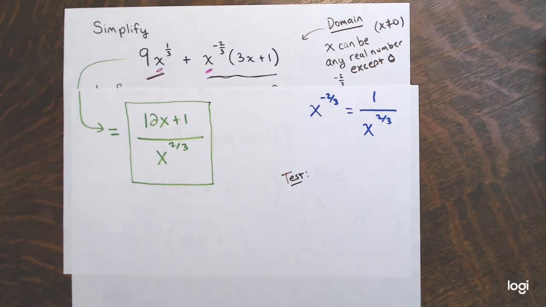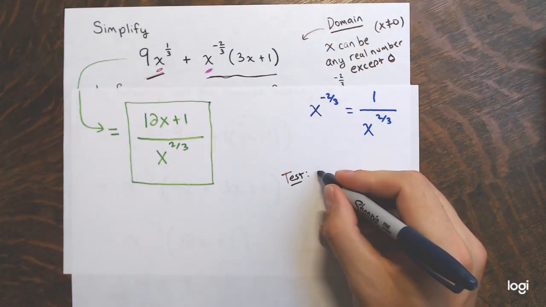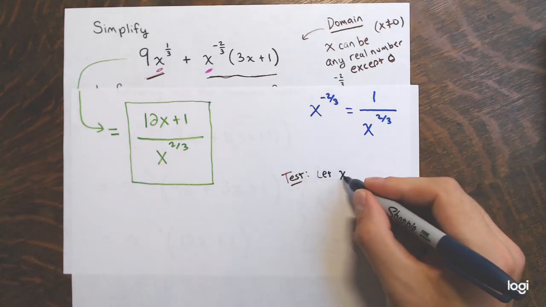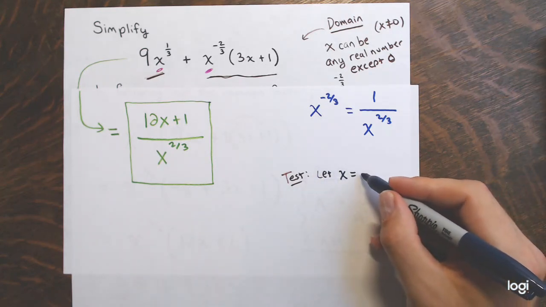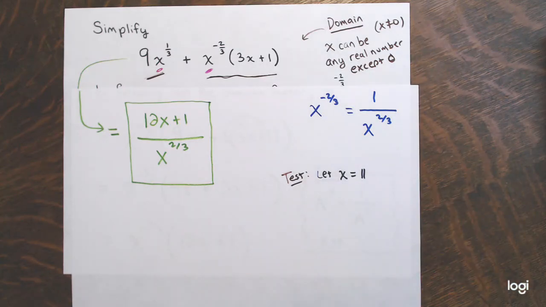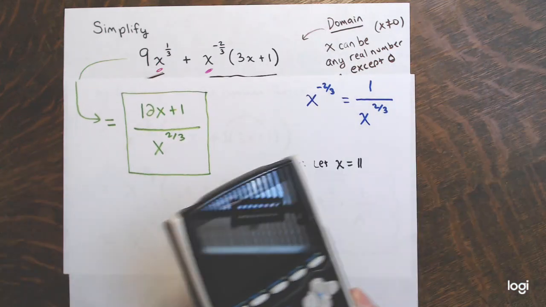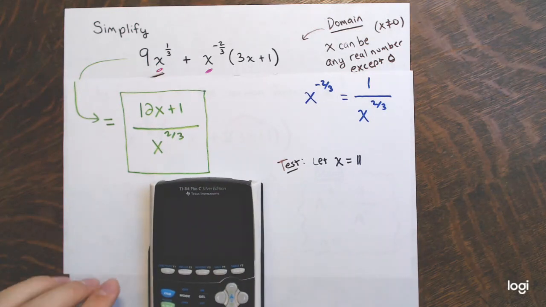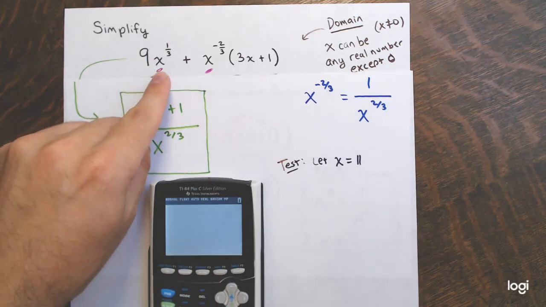I'm going to test this again with my calculator. I'm just going to let, I don't know, let's have x be 11. That's not 0. And let's see what we get. All right, so here's the calculator, and go back to our original expression.